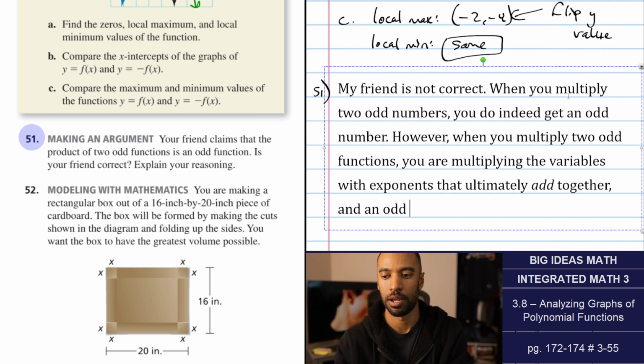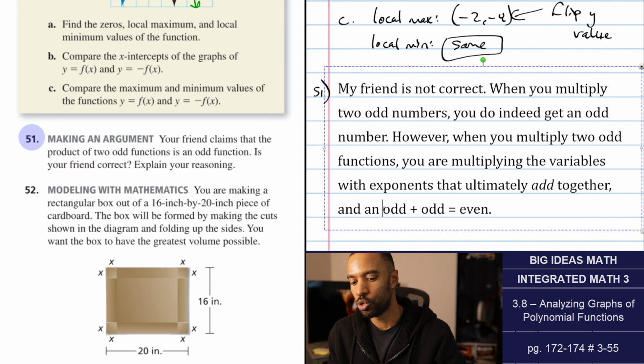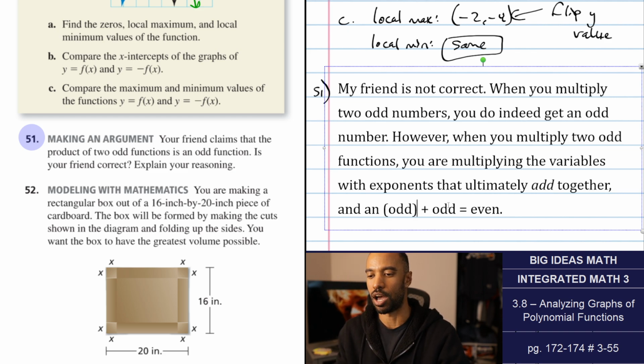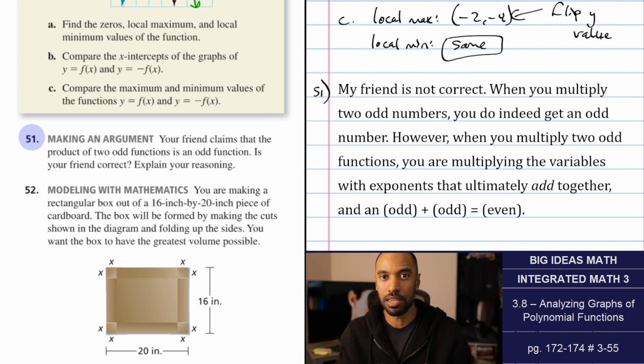And an odd plus an odd does not equal odd. It equals an even. So x cubed times x to the fifth, right? Let's say I have an odd function with an x cubed, an odd function with an x to the fifth. I multiply them. I don't get x to the 15th. I get x to the 8th. You get an even function.